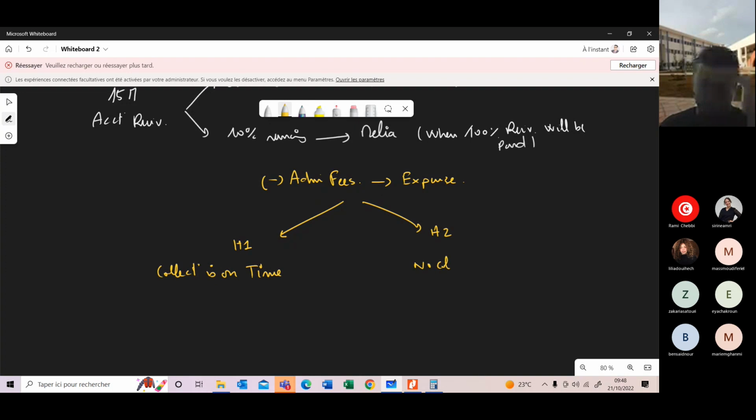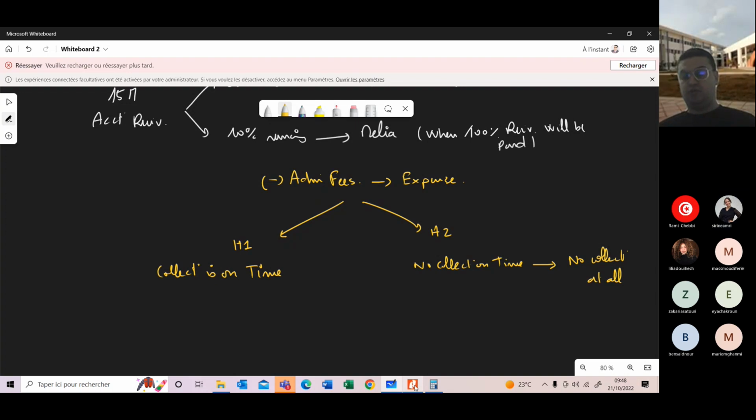No collection on time, and further, no collection at all. So are these administration fees going to be recorded?